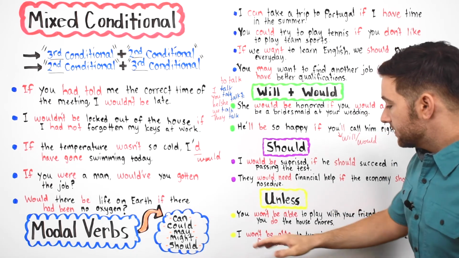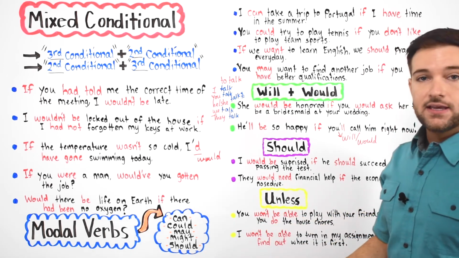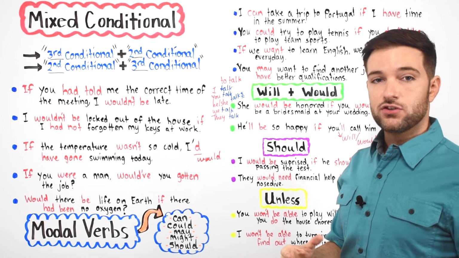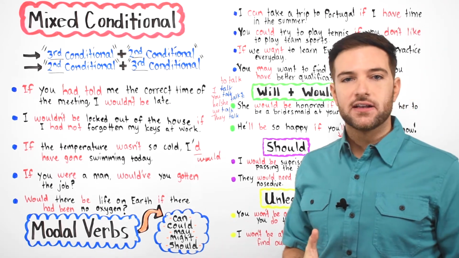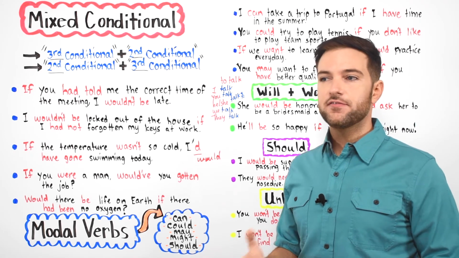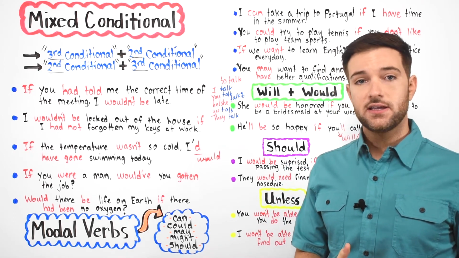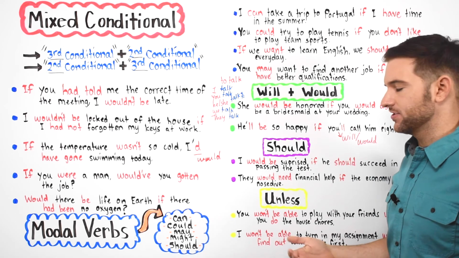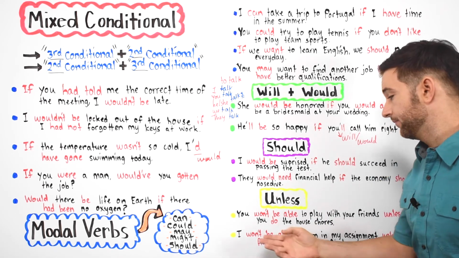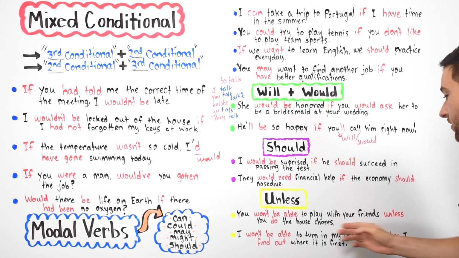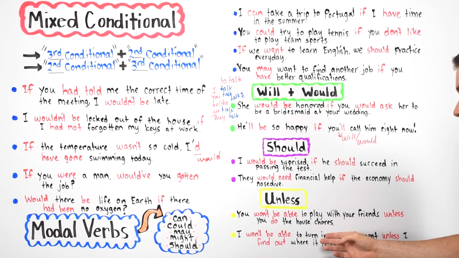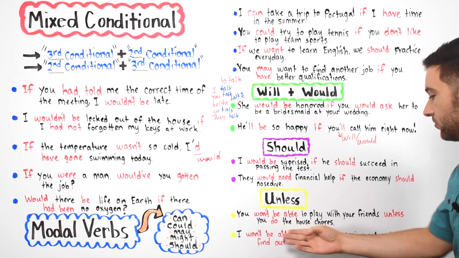And finally, guys, let's look at the word unless, okay? So unless is kind of like saying if not in English. So if not, right? So that's kind of like unless. You'll understand soon. Watch. You won't be able to play with your friends unless you do the house chores. Okay, it's a condition. The condition is that you must do the house chores.